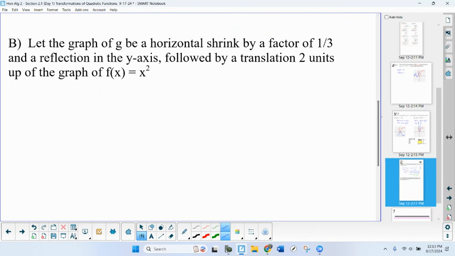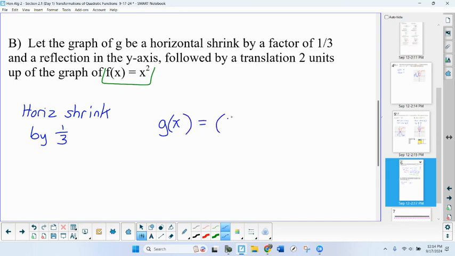Okay, ready? Parent function, starting here. Horizontal shrink by 1/3. Okay, parenthesis 3x, parenthesis squared.